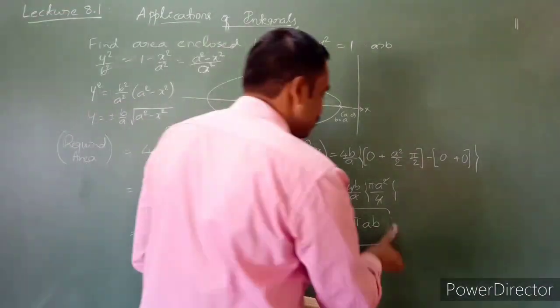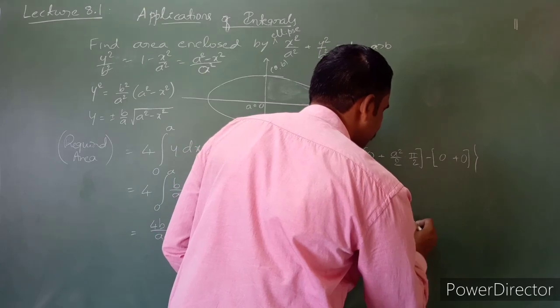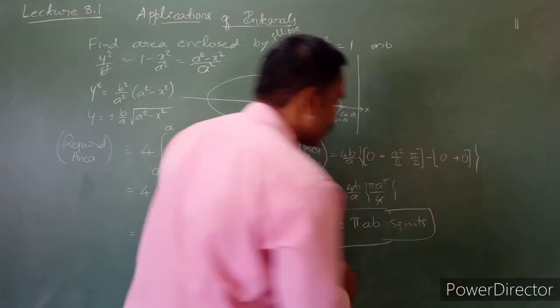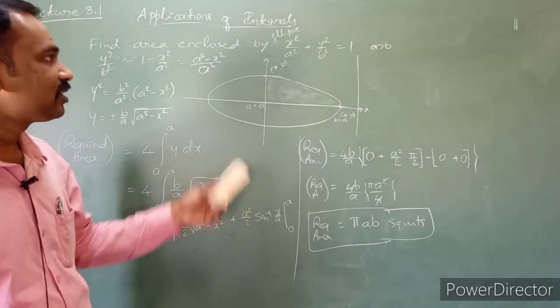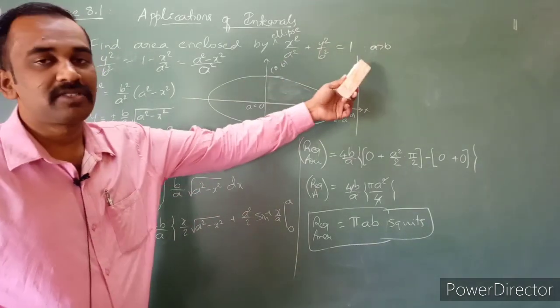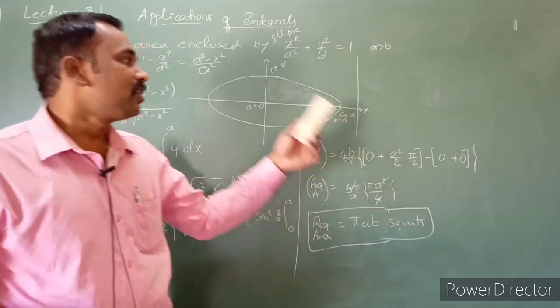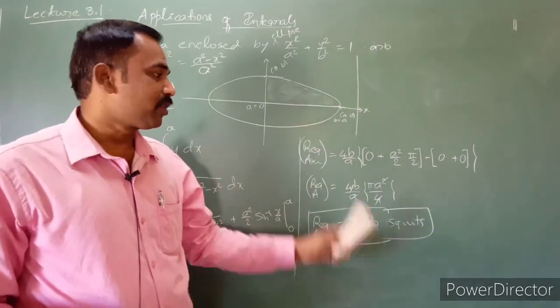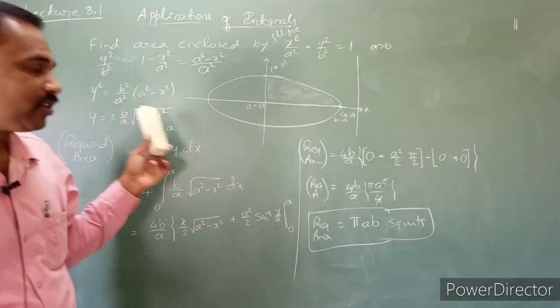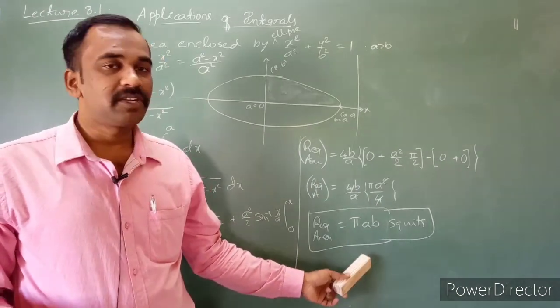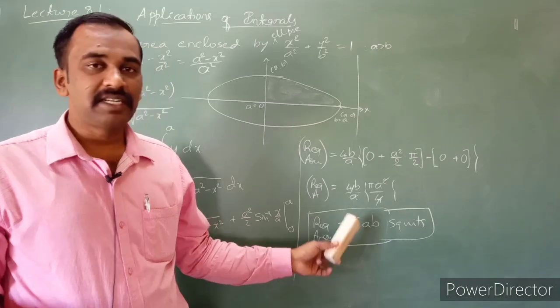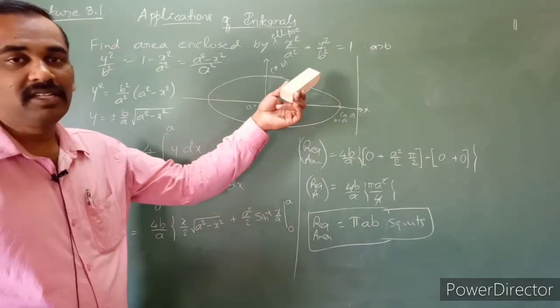Therefore the required area is equal to pi ab. Exactly, the square image. So hence the area enclosed by the ellipse x square by a square plus y square by b square is equal to pi ab. So just remember this as a formula. If they ask in a 5 marks question, you have to proceed with all these steps. And in a 1 mark question in competitive exams, CET exam, they will ask directly to find the area enclosed by the curve.